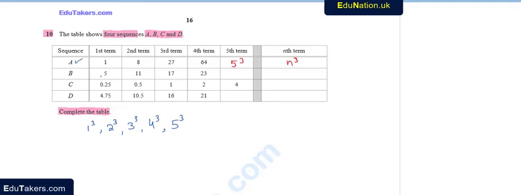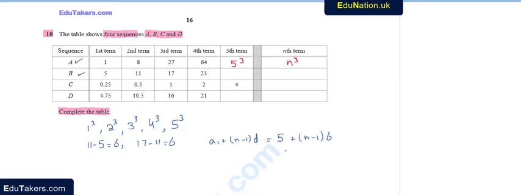Now for sequence B, the difference between first two terms is 11 minus 5, which is 6, and for the next two terms, 17 minus 11 is 6. So their difference is the same. By using a1 plus n minus 1 into d, we will calculate its nth term. a1 is 5, plus n minus 1, common difference is 6.